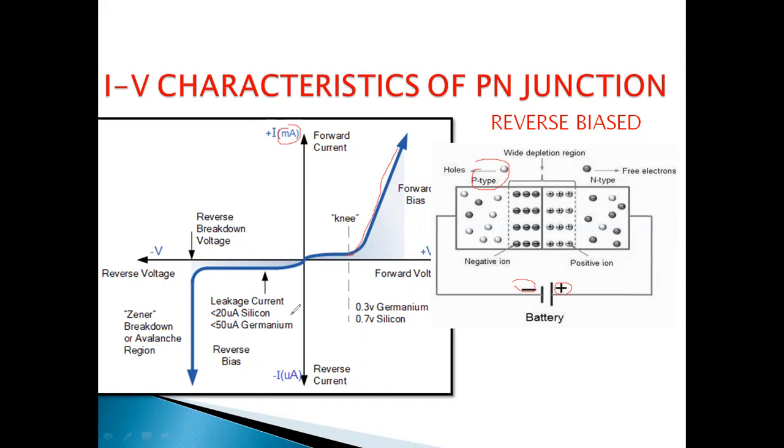Here also the variation is gradually very small up to a certain voltage. After reaching a certain voltage, suddenly the current value increases. That voltage we call the reverse breakdown voltage.